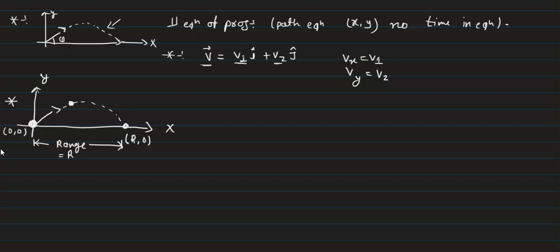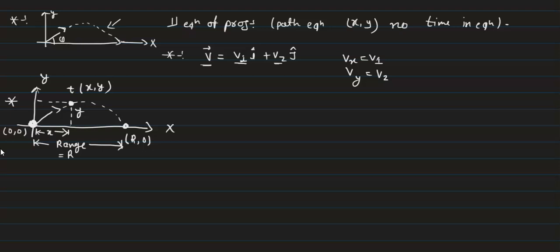Let the particle be here at any time t, meaning any arbitrary time. This is a variable, right? At this point, if we denote its x and y components, we will write x comma y. Let the height be y and the covered distance be x.